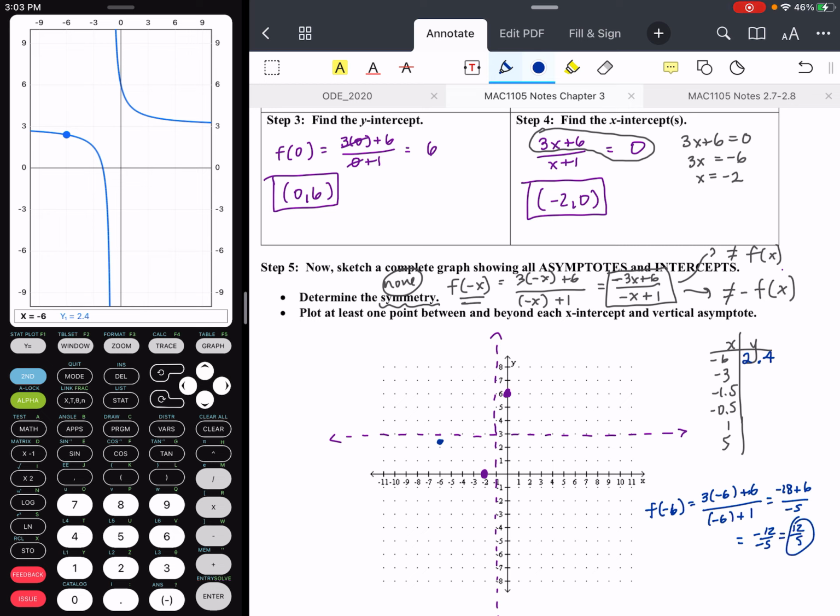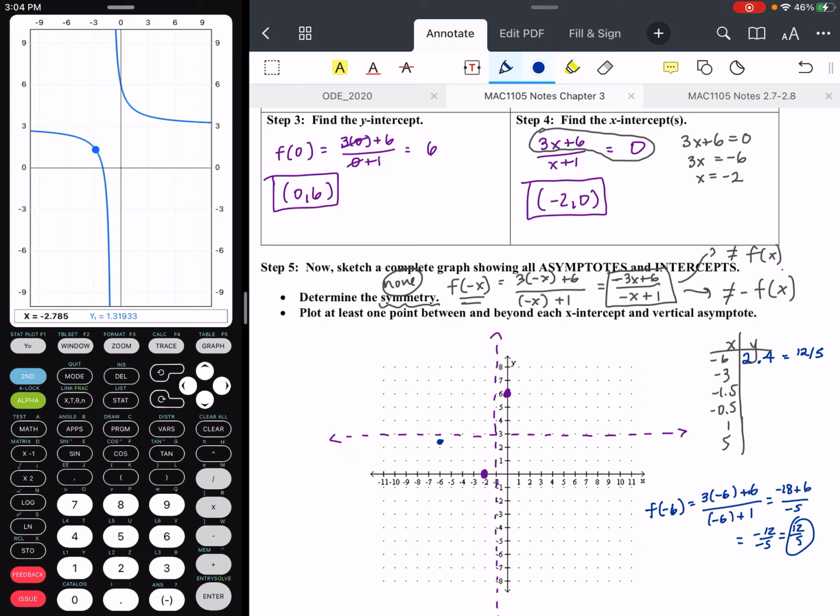So you could also say that this equals 12 fifths. For me, on a pencil and paper test, 2.4 is fine. If the homework system asked you for a fraction, you would just evaluate it in the function and calculate that and simplify and reduce. So going forward, I'm just going to write the decimals, but you might be asked for the fractions in the homework system.